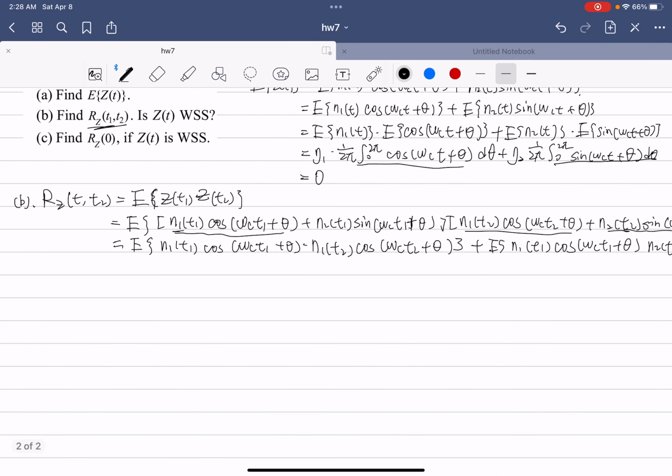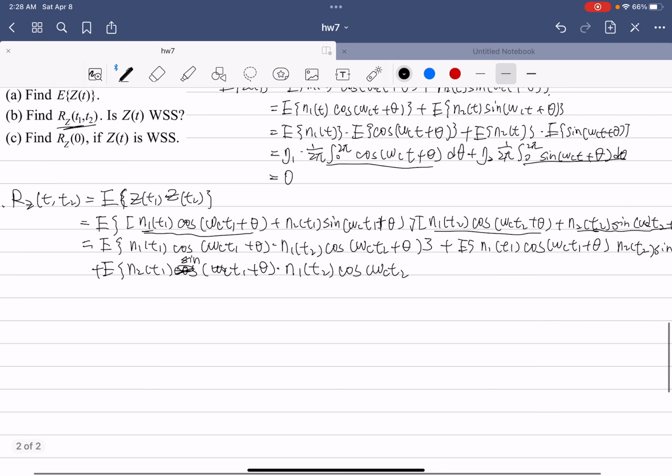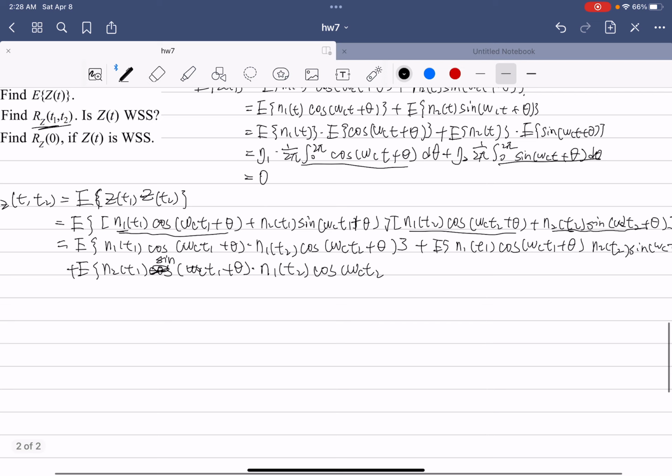Same as above, then plus the second part N2T1 sine omega ct1 plus theta times N1T2 cosine omega ct2 plus theta.